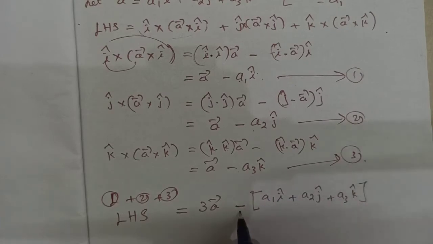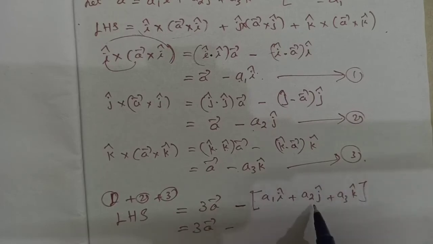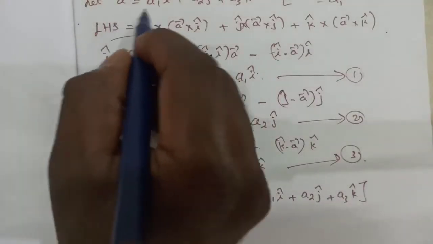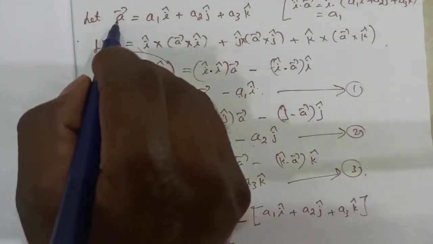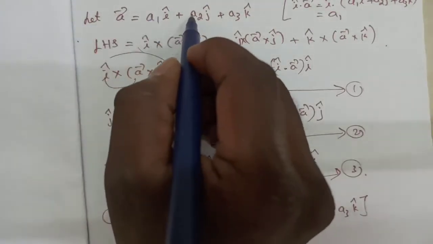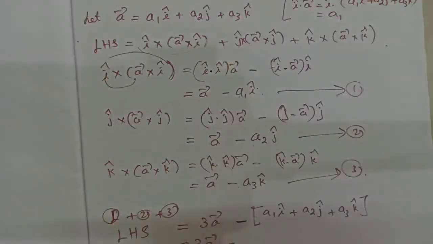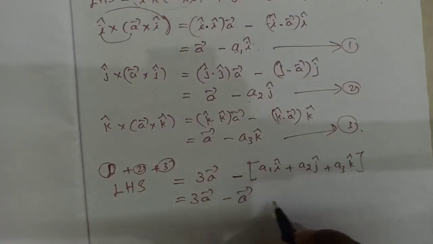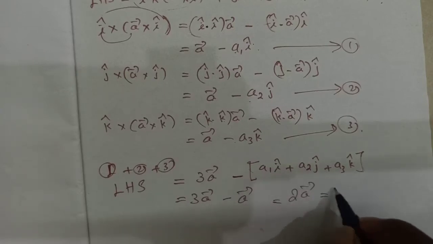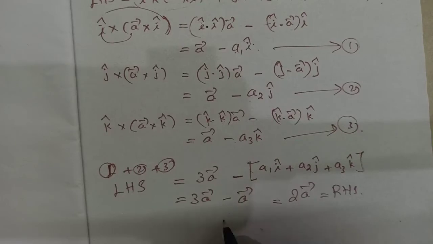Here I have taken minus common. Okay, so this is 3a vector minus this value, which is nothing but a vector. Okay, so already we have taken the value a vector is equal to a1 i cap plus a2 j cap plus a3 k cap. So I can replace this value as a vector. Okay, so 3a vector minus a vector is nothing but 2a vector. This is RHS identified. Okay, so hence proved.